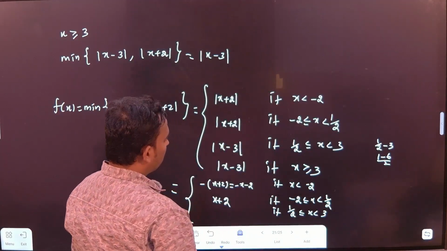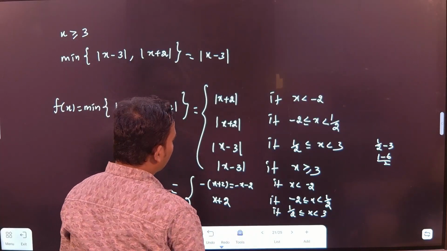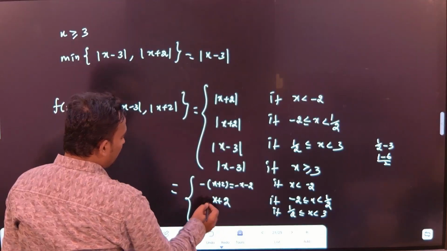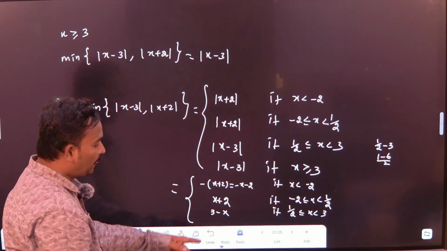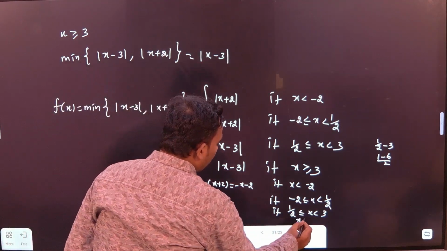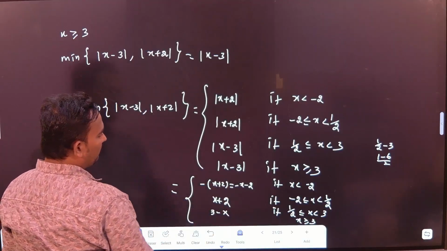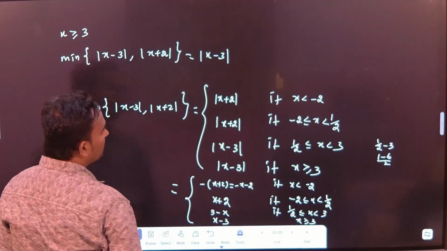Is it correct? 1 by 2 minus 3 is 1 minus 6 by 2, it is -5 by 2. Definitely it is negative. So x - 3 is negative, which means |x - 3| is 3 - x. Clear? The same way, when x is greater than or equal to 3, adding -3, it's positive, so |x - 3| is x - 3, right?